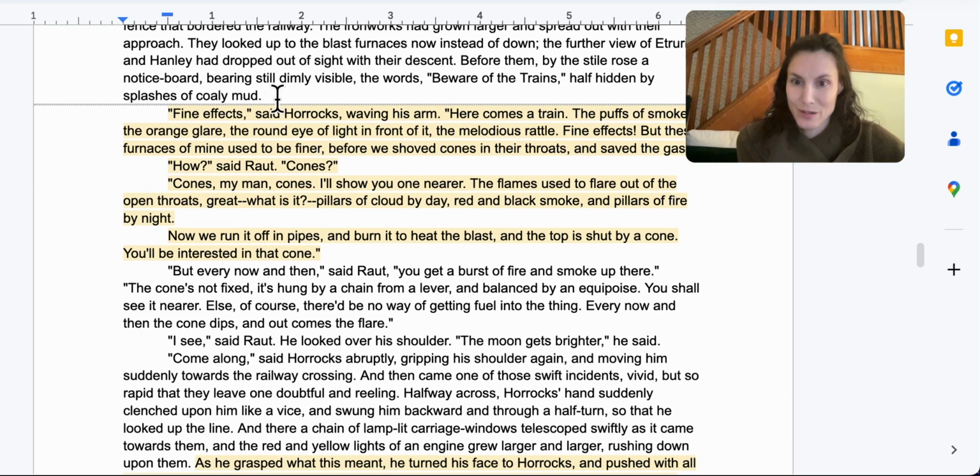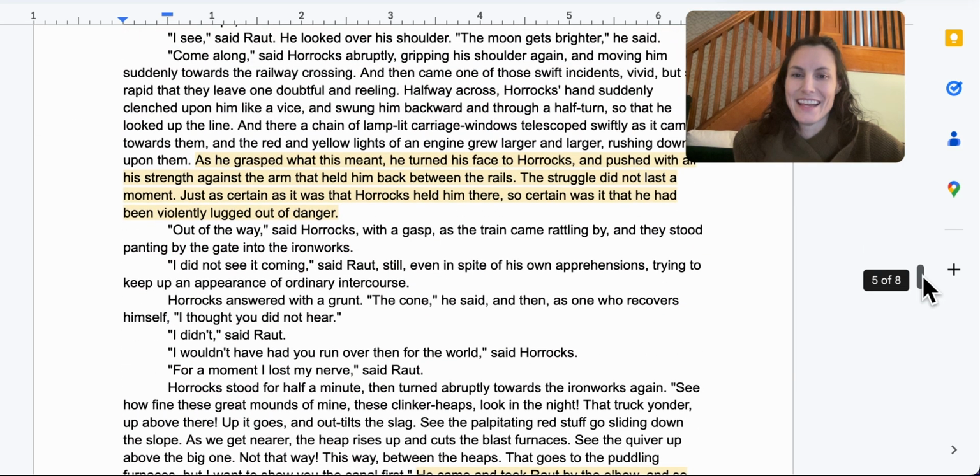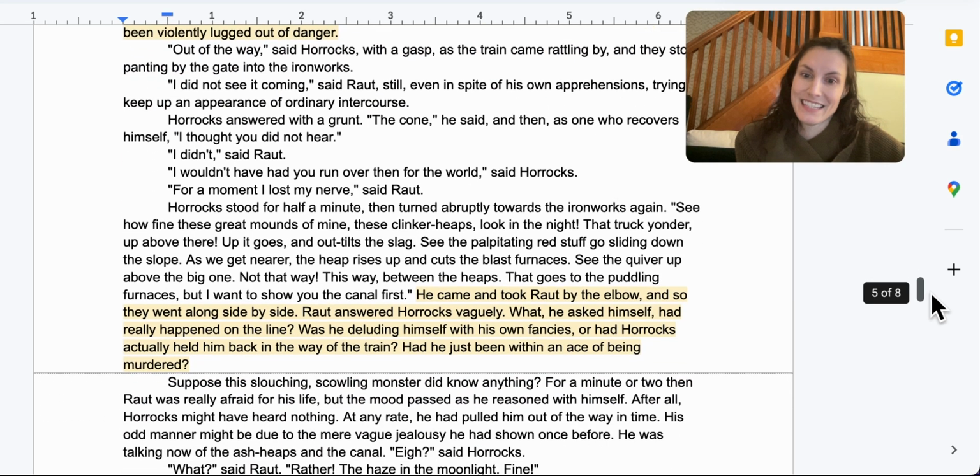And as the story progresses, so this is our rising action, basically he almost throws him in, right? So here they're looking at the puffs of smoke, and at one point he almost pushes him into the train tracks. Just as certain as it was that Horrocks held him there, so it was that he had been violently lugged out of danger. So Horrocks saves him in the split second.